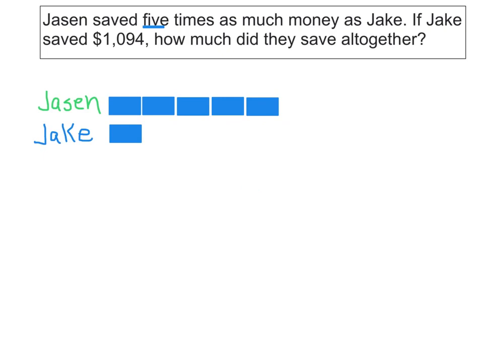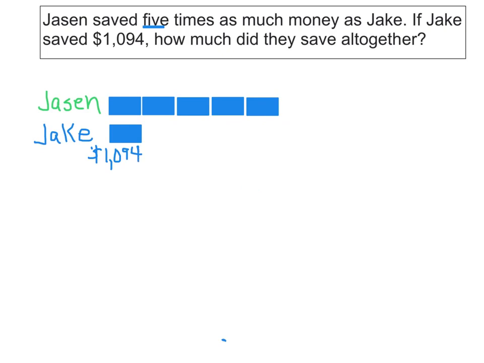Go back up to my story, and I have drawn that first sentence, so I'm going to read the second sentence. If Jake saved $1,094, I need to put that into my picture. So that's money, and it's $1,094 that's in this box that Jake has.